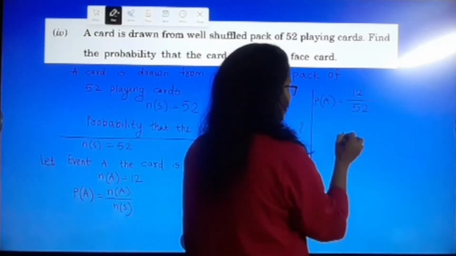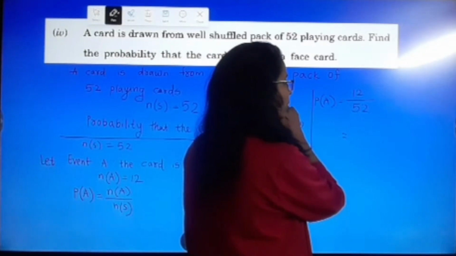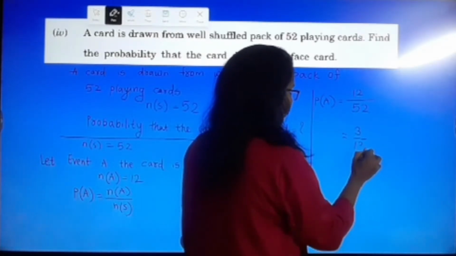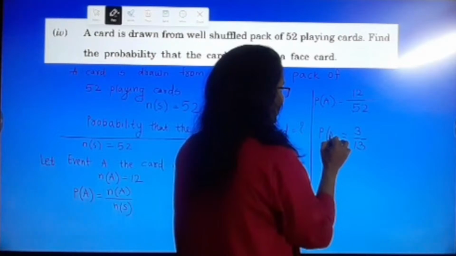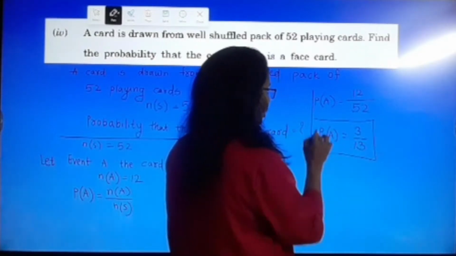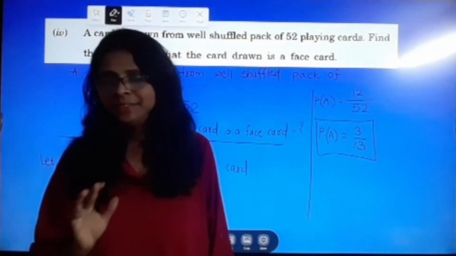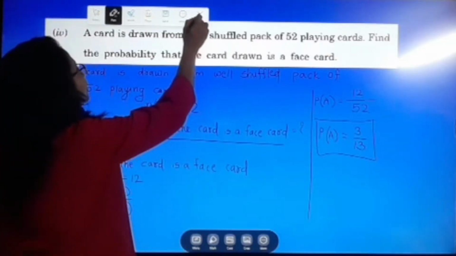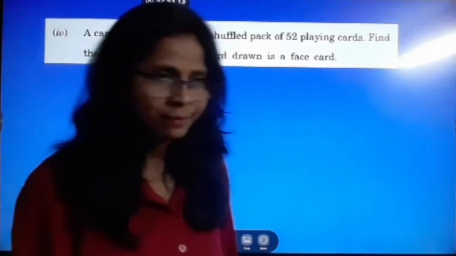That means students that 4 3s are 12, and here 4 13s are 52. Yes, so probability of A is equal to 3 upon 13. The probability of A is equal to students 3 upon 13. Okay students? Yes. Then next one example students.